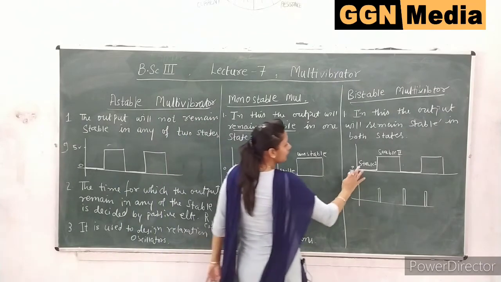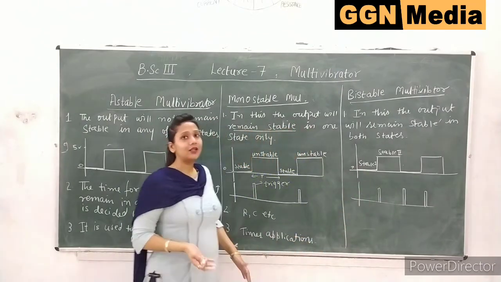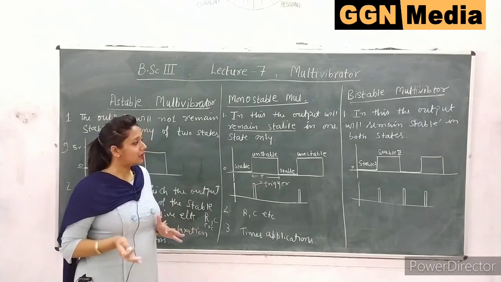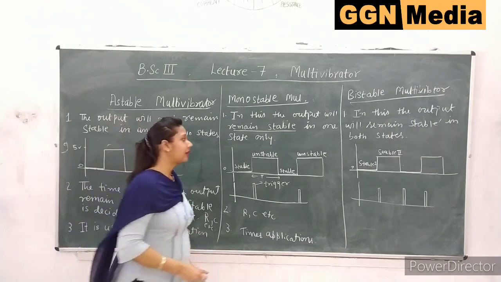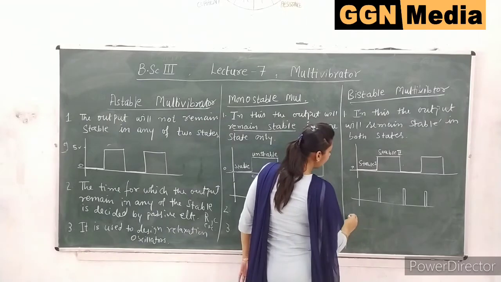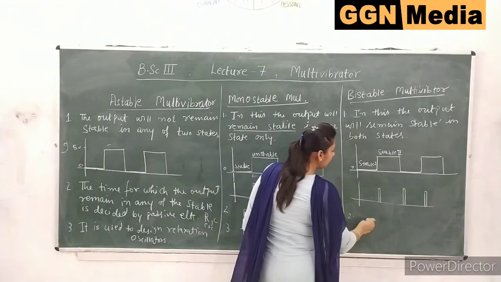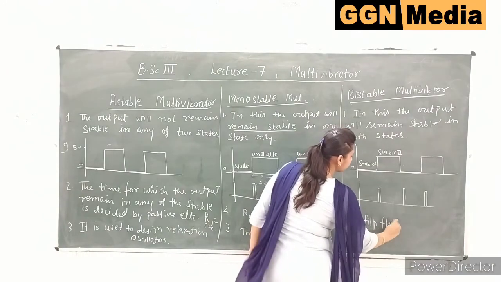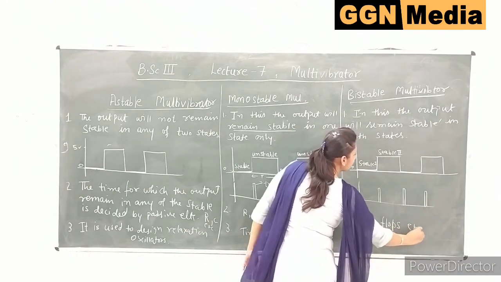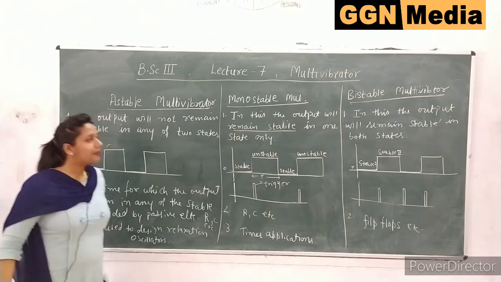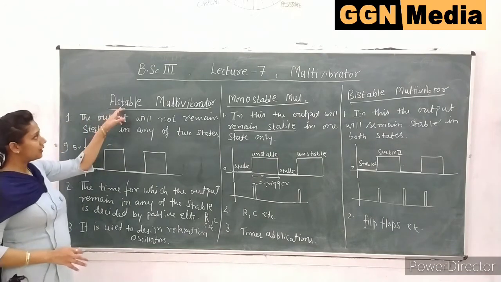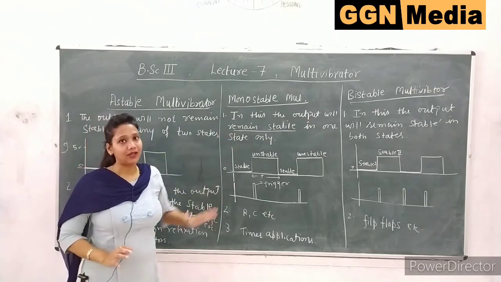Clear? So there is no unstable state, so there is no role of passive components. The time will be decided by your external signal. These kinds of multivibrators are used in the designing of flip-flops. Clear? So this is the basic difference between all the three multivibrators: astable, monostable and bistable.